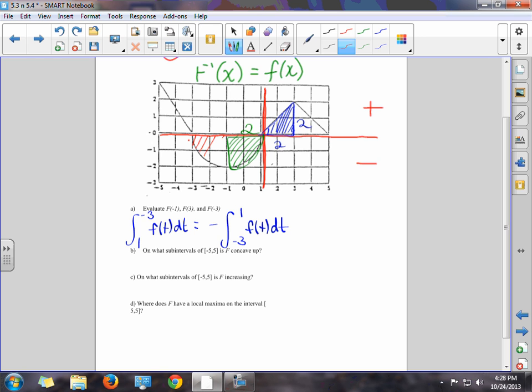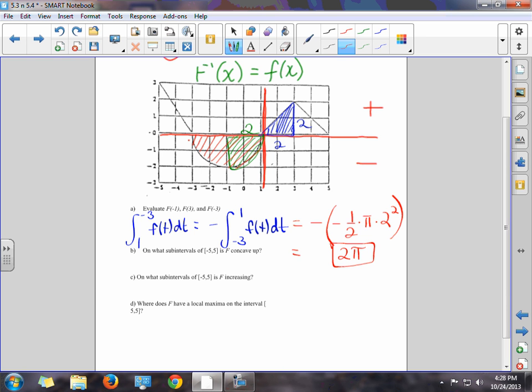Now I have a semicircle, half a circle. The circle has a radius of 2. This is going to be negative again because it falls below the x-axis. And then this is going to be 1/2 times pi times 2 squared, so this is going to be 2 pi. That's my answer.